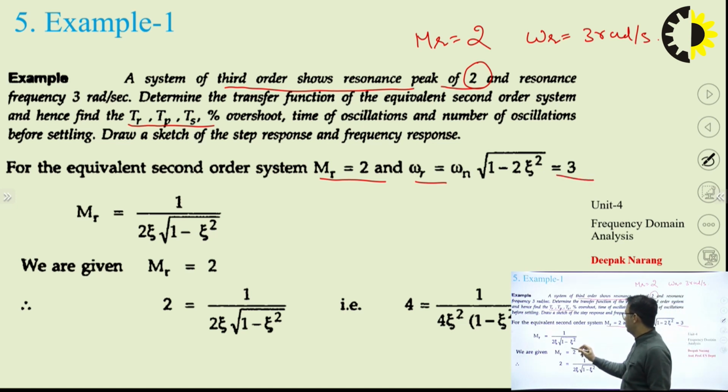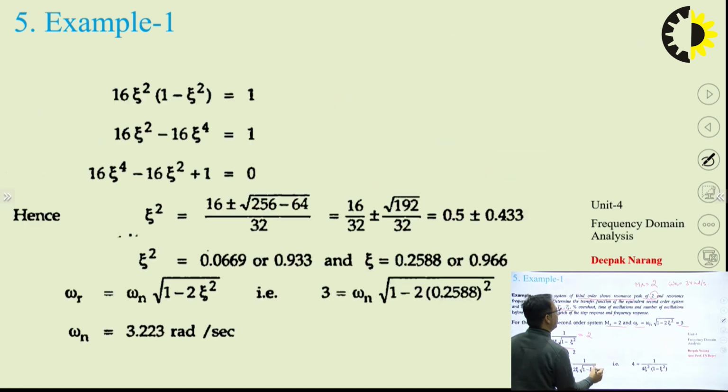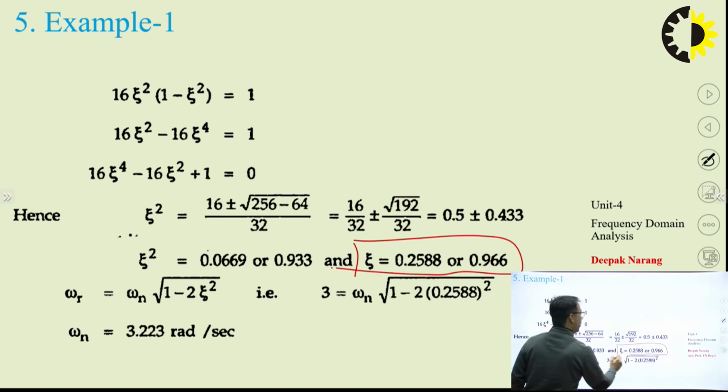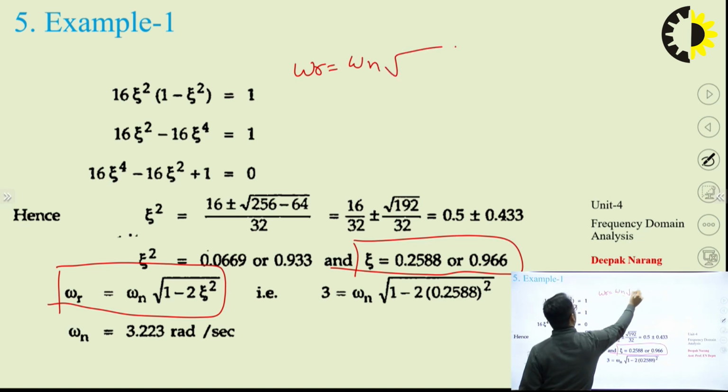So we put the formula of Mr is equal to 1 upon 2 zeta square root of 1 minus zeta square, which is equal to 2. So by this we get our zeta. From this we can obtain resonant frequency, as resonant frequency omega r is equal to omega n into square root of 1 minus 2 zeta square.